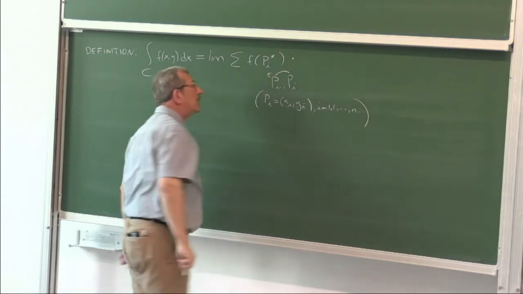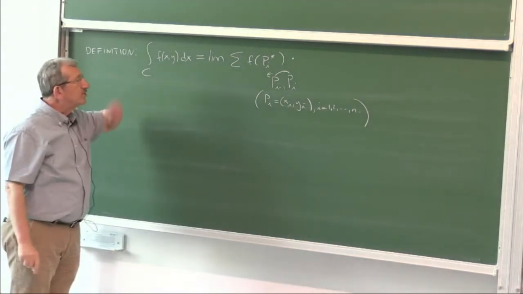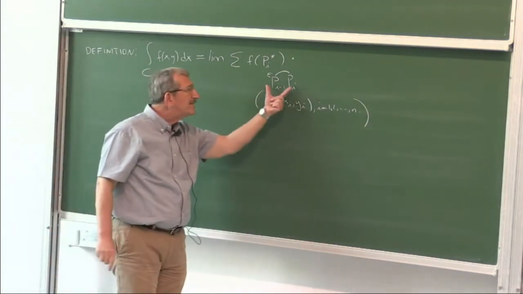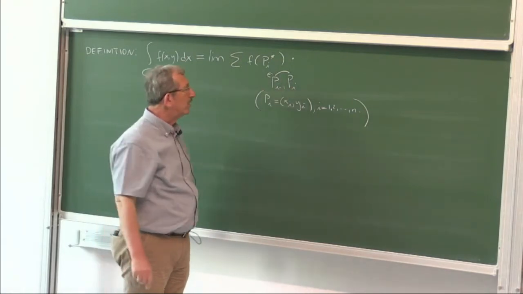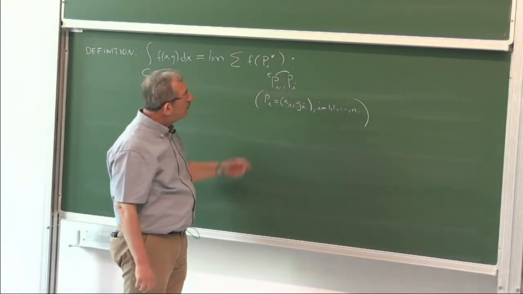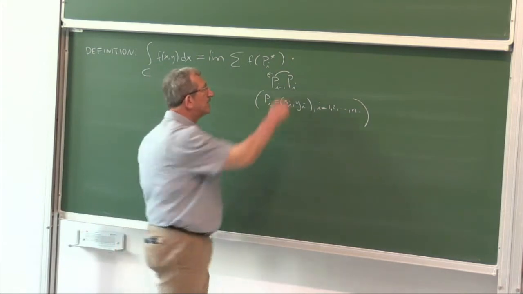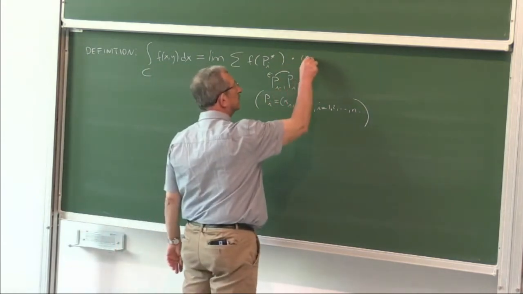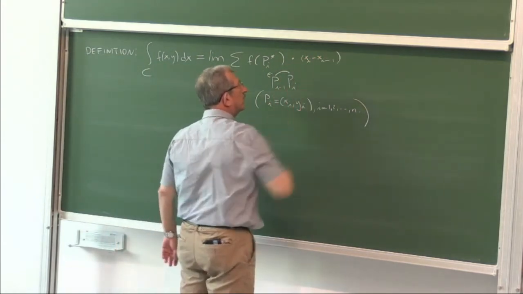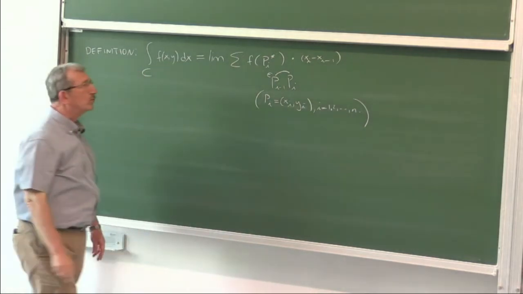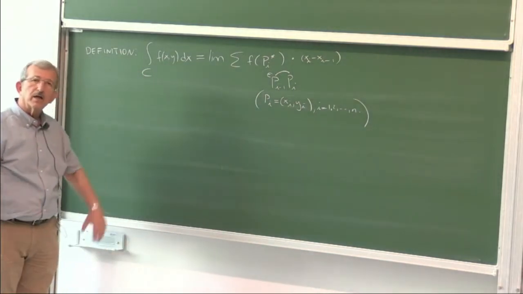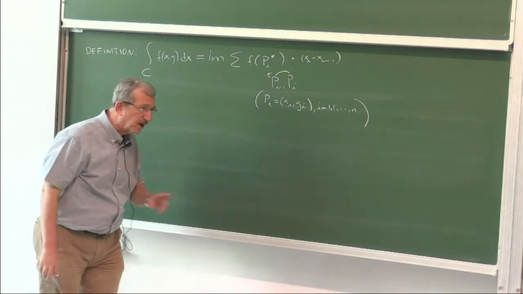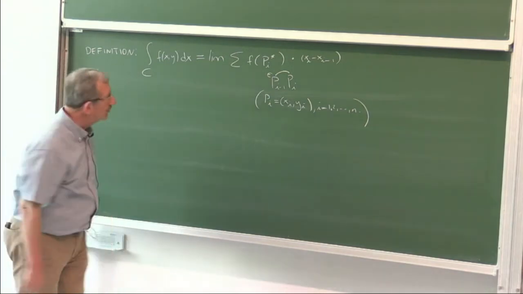Now, here we multiplied in the previous case this with the distance between Pi minus 1 and Pi. Here I will just take the difference between the xi's, so that this looks more like a definite integral, but it's not a definite integral, as we will see.